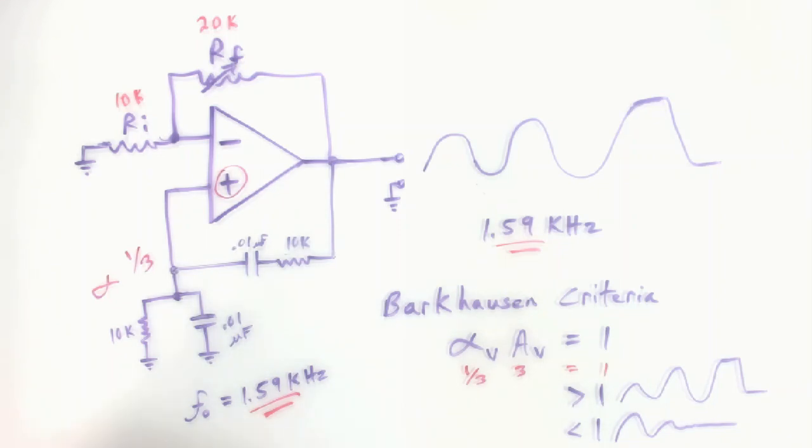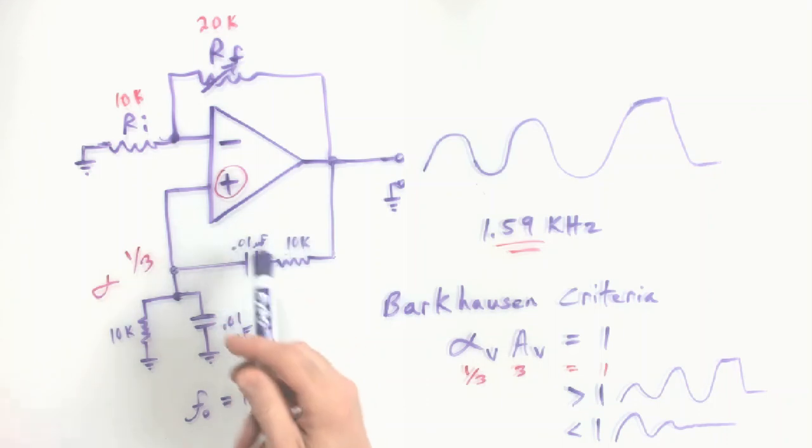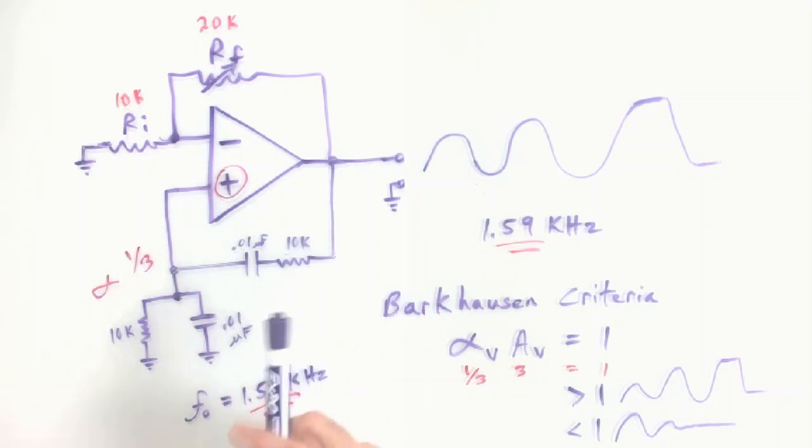I'll show you how Hewlett Packard made their very low distortion sine wave oscillator. It's a great story. It is the Wien bridge oscillator. That's what they used, and they found a way to solve the Barkhausen criteria to match the 1 and self-regulate.